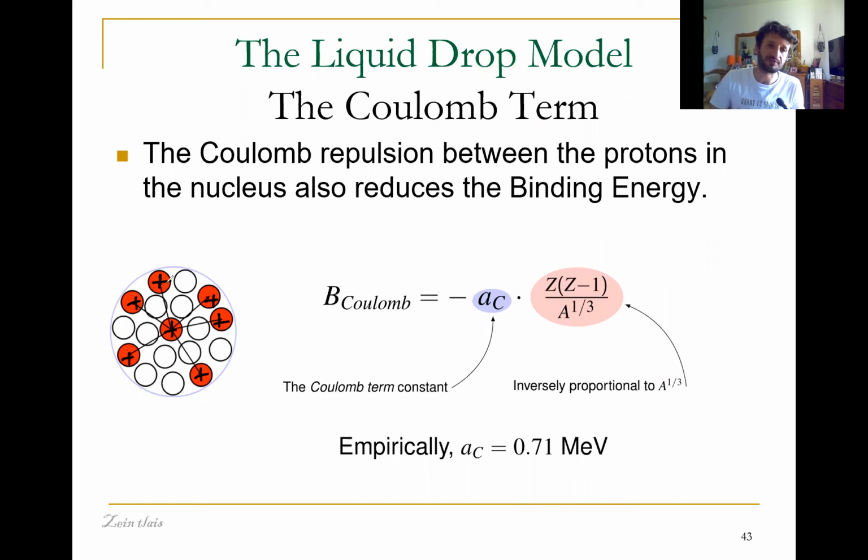This repulsive force will push away the protons, so this term will contribute to decrease the global binding energy. So we have a minus. B Coulomb equals minus AC times Z times Z minus 1 divided by A power 1 divided by 3. We will calculate it later. Empirically, we calculated A Coulomb, which is equal to 0.71 MeV.